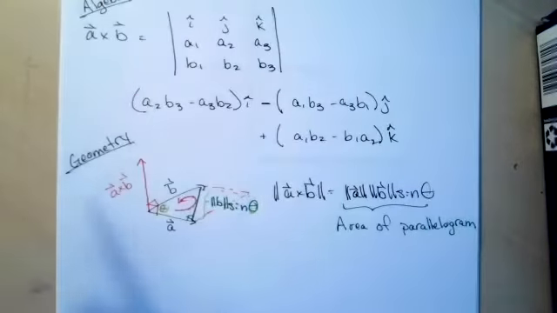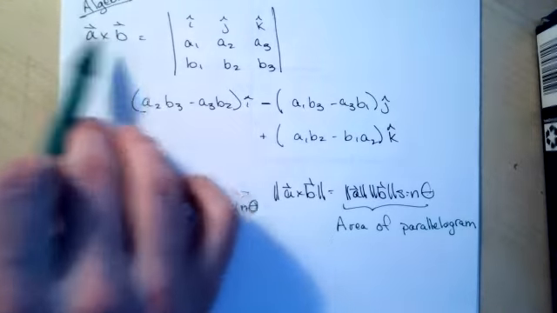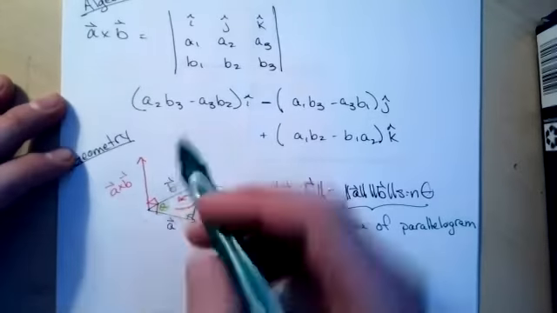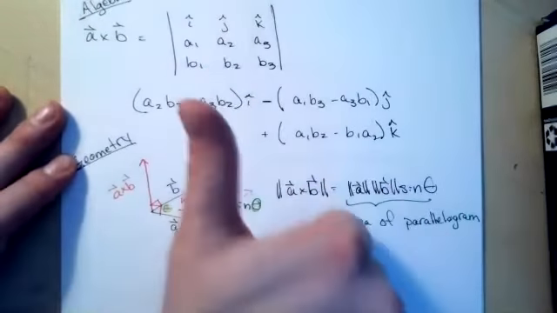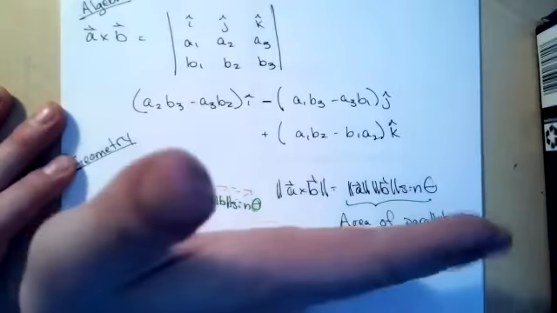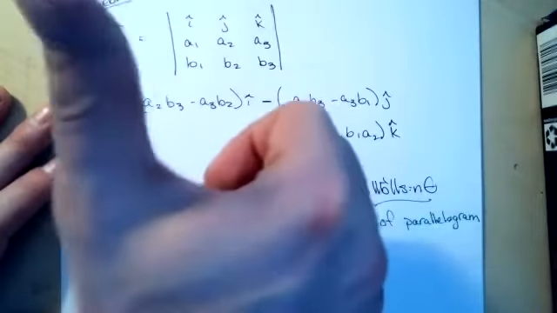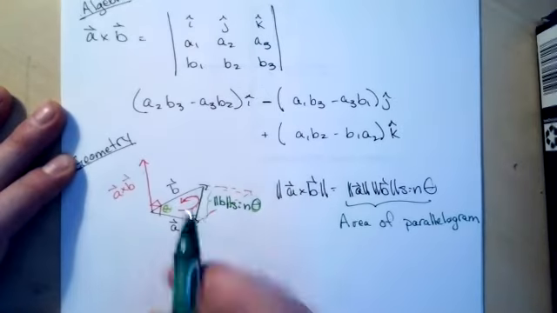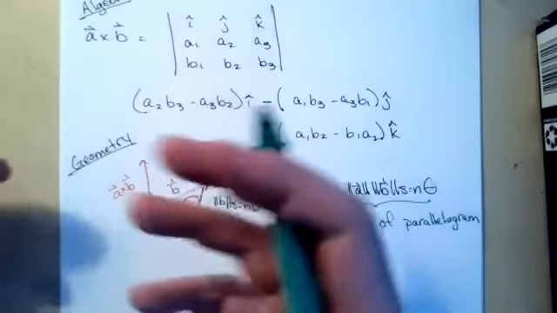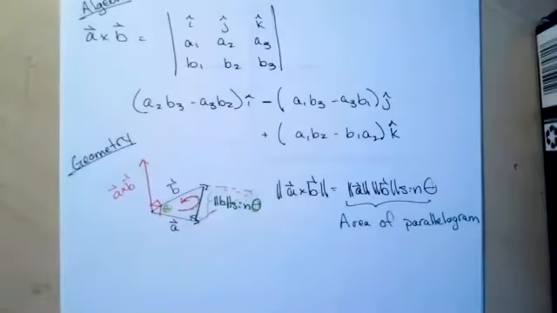It essentially encodes that same information, but also gives us this notion of the orientation. A cross B gives us a new vector that points in the direction of the orientation. So if I were to do A cross B, it points in the direction of the orientation of that parallelogram, and also encodes the magnitude, the size of that parallelogram, or the area of that parallelogram.